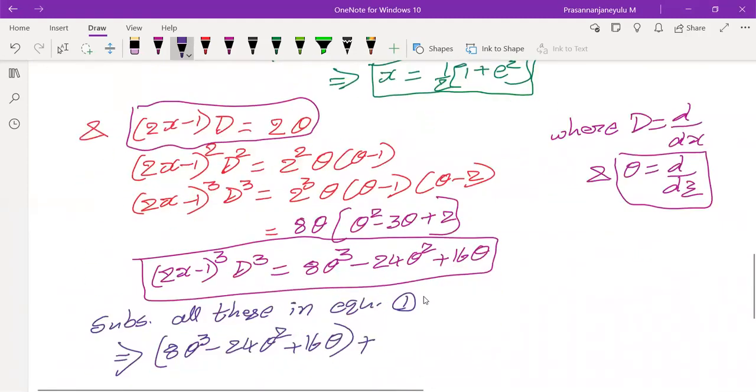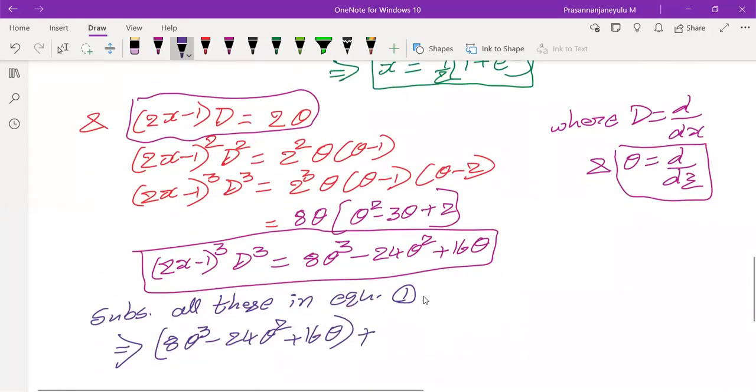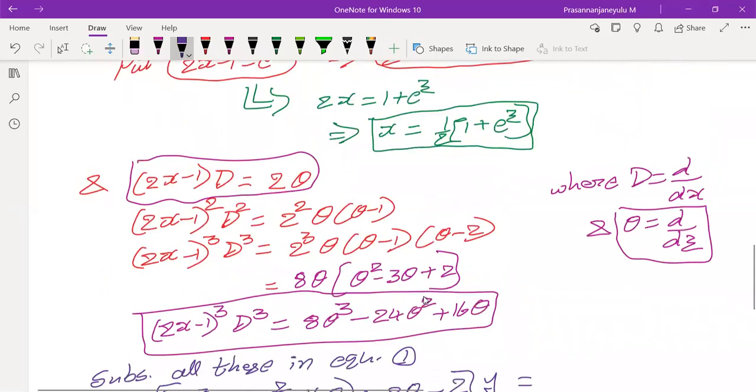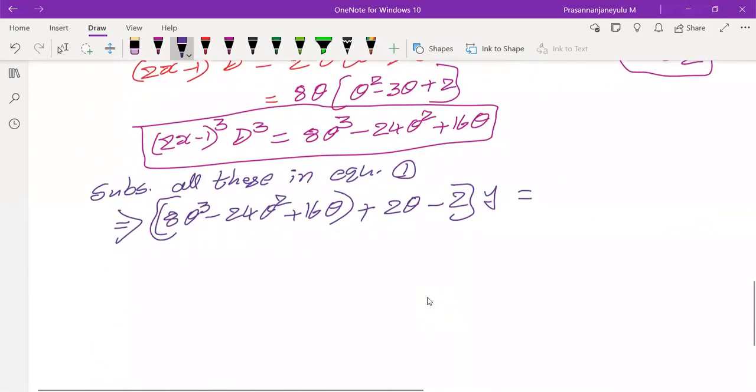What is (2x minus 1) into D? 2 theta. And then minus, what is the third term? 2 of y equals x. But what is x we got here? 1 by 2 into (1 plus e power z), which I marked with the green color. 1 by 2 into (1 plus e power z).